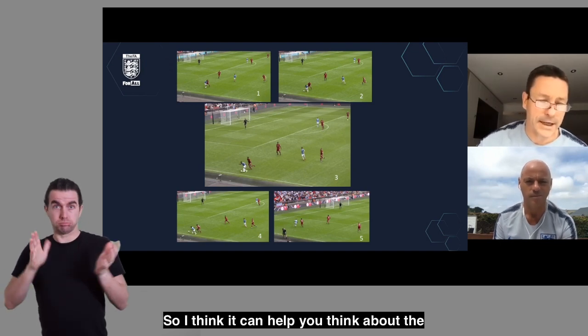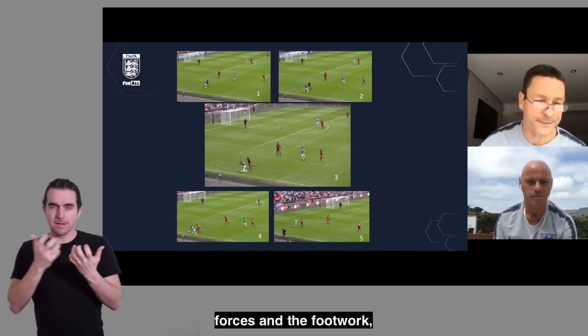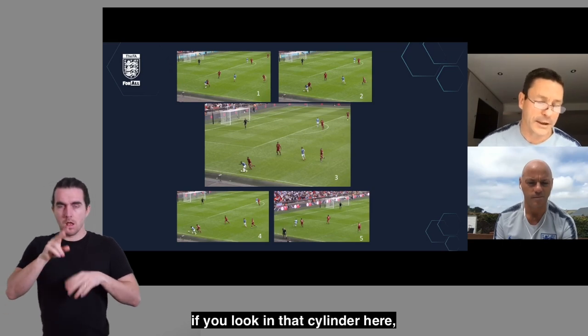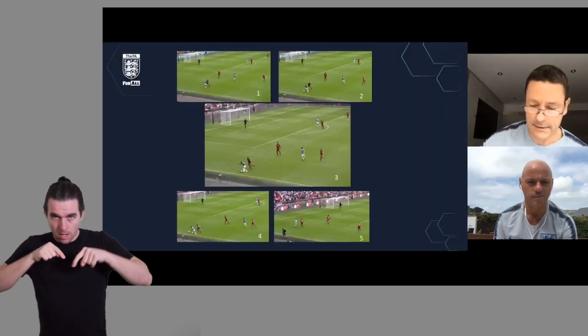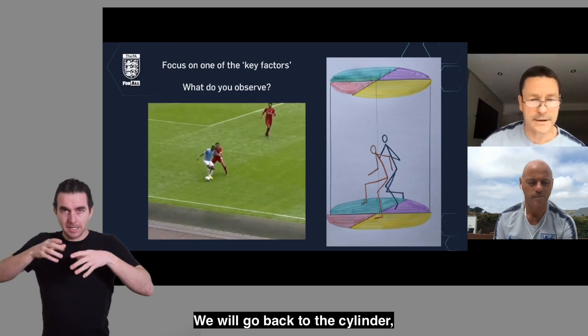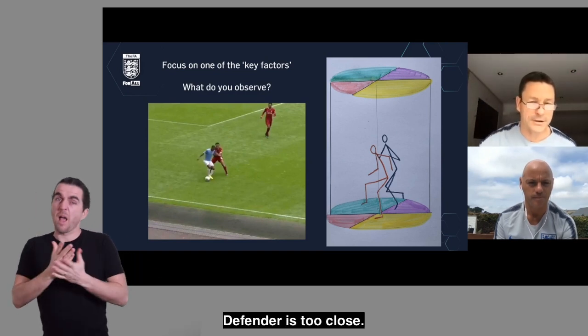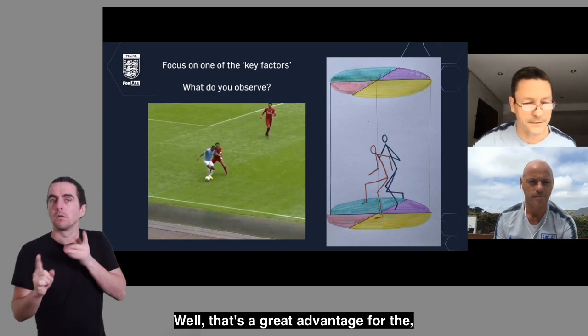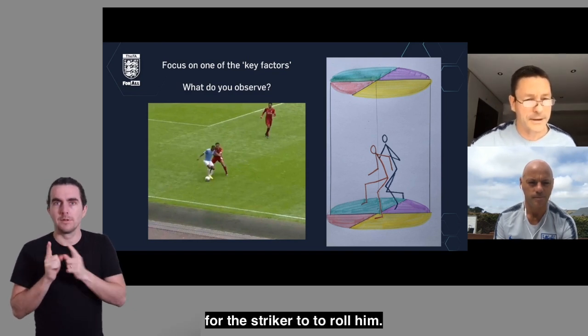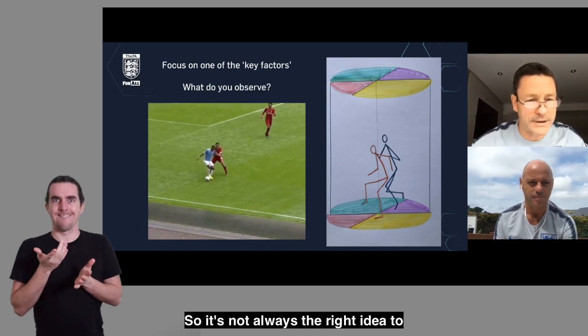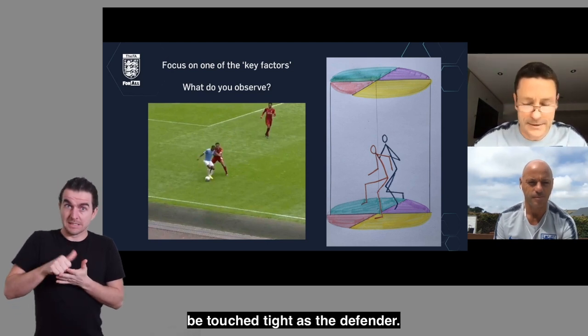So I think it can help you think about the forces and the footwork. If you look in that cylinder here, where we go back to the cylinder, it can help you think, well, is he leaning in? And if the defender is too close, well, that's a great advantage for the striker to roll him. So it's not always the right idea to be touch tight as the defender.